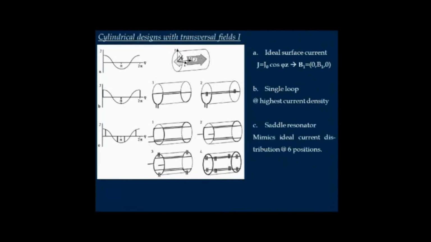The easiest approximation is just a single loop on both sides where you need maximum current density, and send it in and out again. Then you mimic the sinusoidally needed current distribution on 2 places, right? On the right and left side, and of course where it's zero.